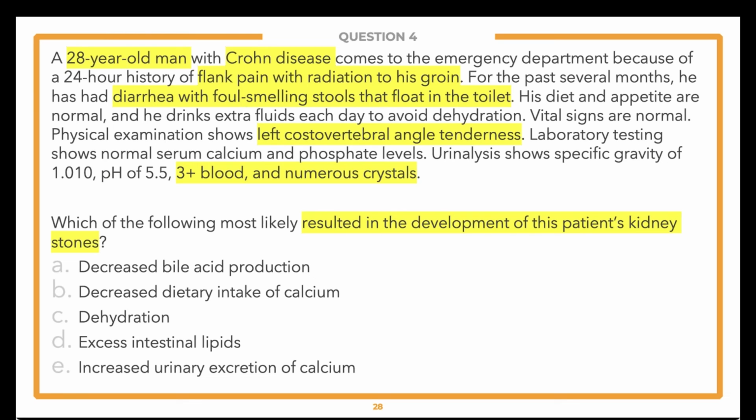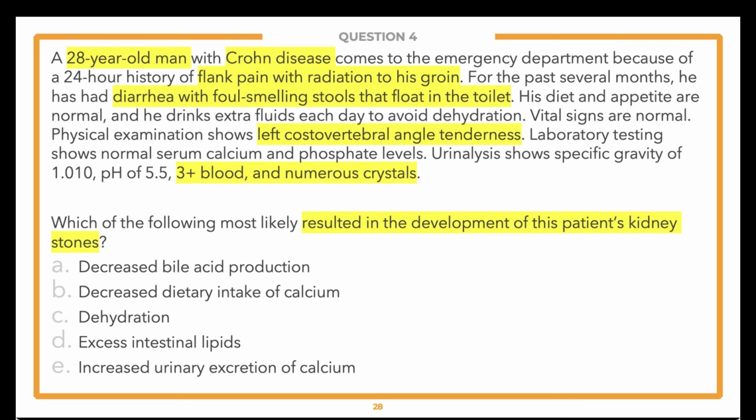Again, all these are different mechanisms, and some of them may cause kidney stones, but what caused the kidney stone in this 28-year-old male with Crohn's disease? That's the question. How am I going to make that connection? All right, take a moment, go through the options, see the highlighted key features here, and let's try to think of what the answer could be.